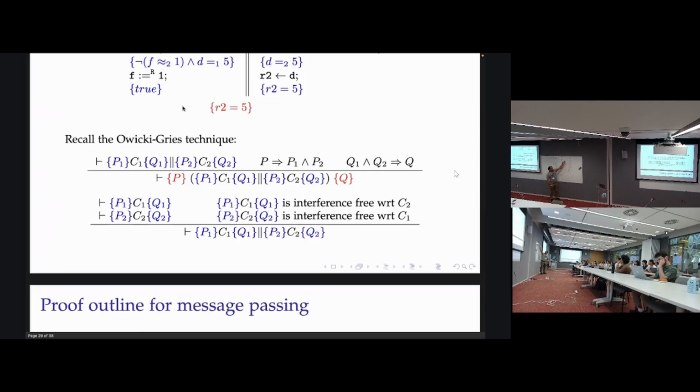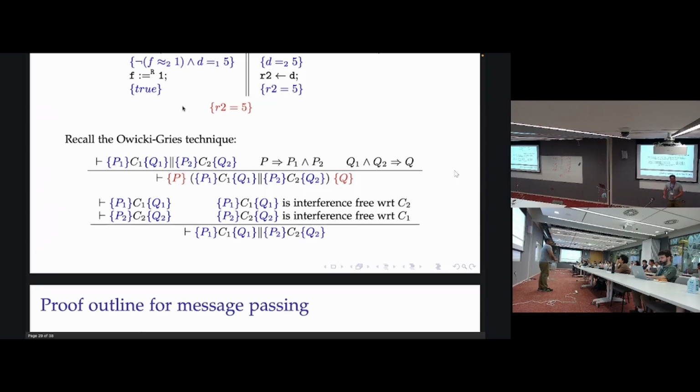You've got some precondition of a sequential program, you execute the sequential program, and then you end up with some postcondition. Now, I've got a concurrent program, and I want to think about what this means. Hopefully you guys can see, it's okay.